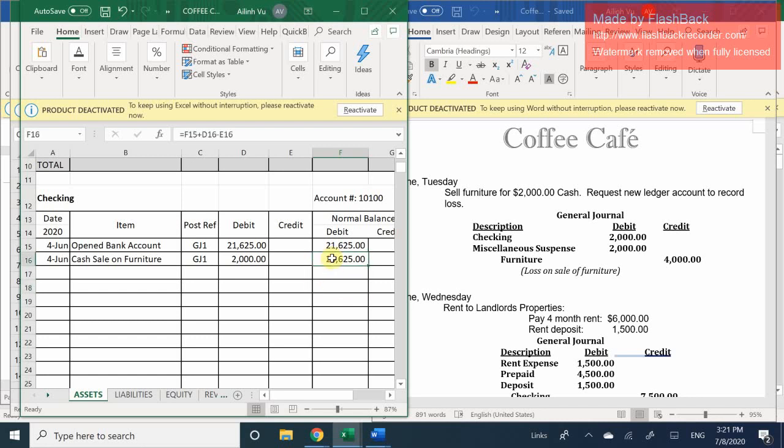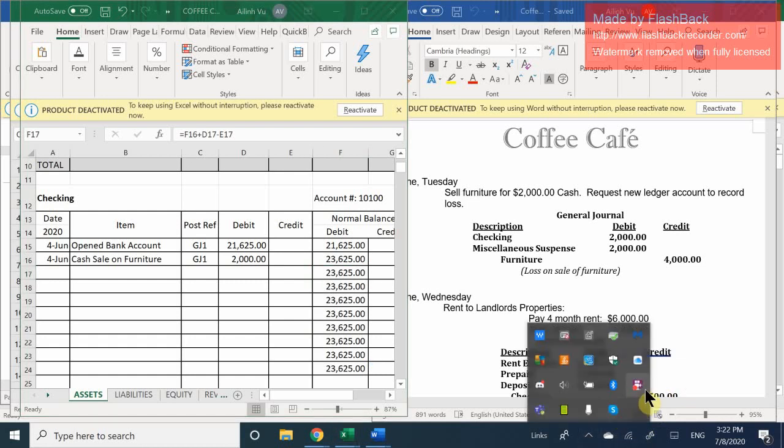That's how you do your running balance. And if you have Excel, you can click and drag this little triangle here to apply the formula all the way down. So as of the 4th of June, I currently have 23,625.